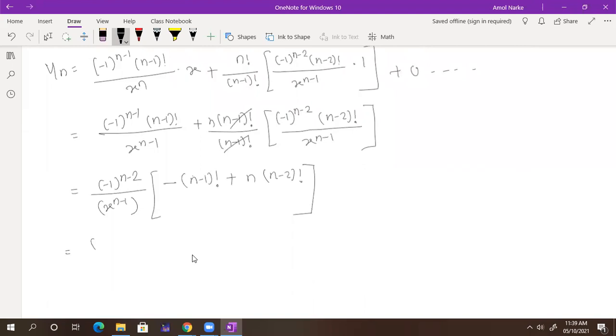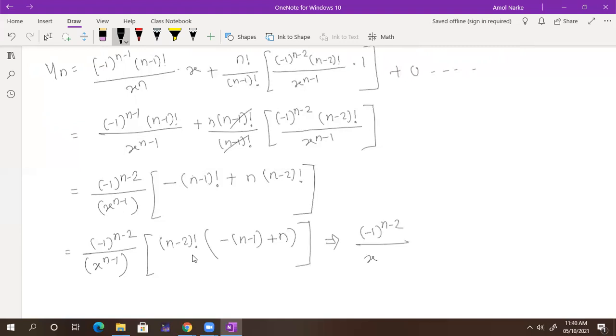So minus 1 raised to n minus 2, whole thing divided by x raised to n minus 1. If I take n minus 2 factorial common, what remains here? Minus n minus 1 plus n, and this gets cancelled, you will just remain with. See how good you should be in the calculation.